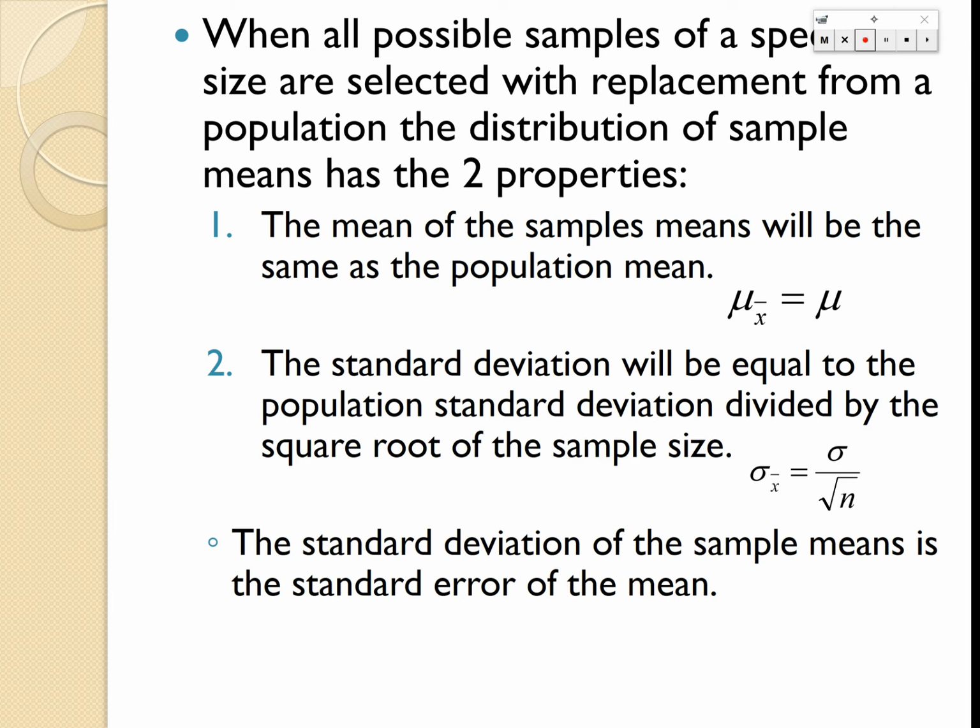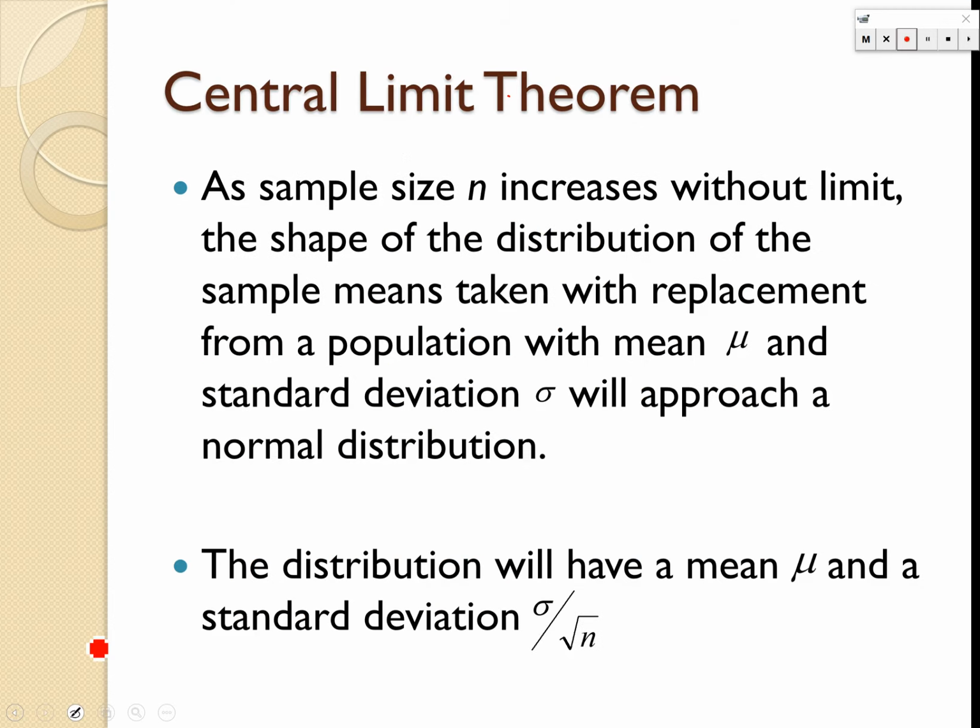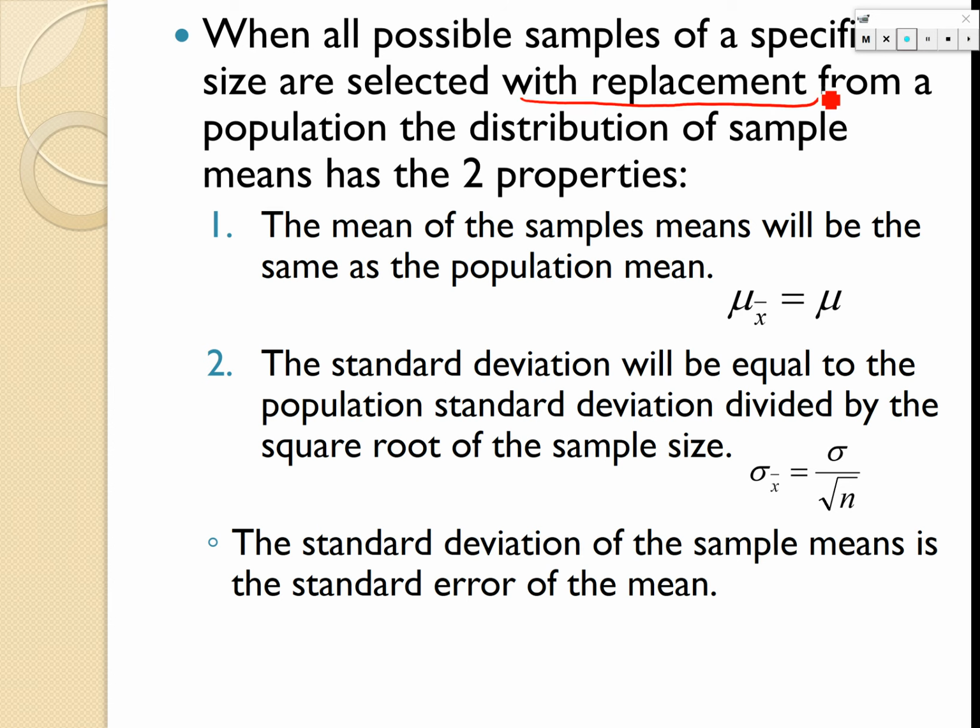So when all possible samples of a specific size are selected, here's a key word for you guys: with replacement. So when all possible samples of a specific size are selected with replacement from a population, the distribution will have two specific properties.